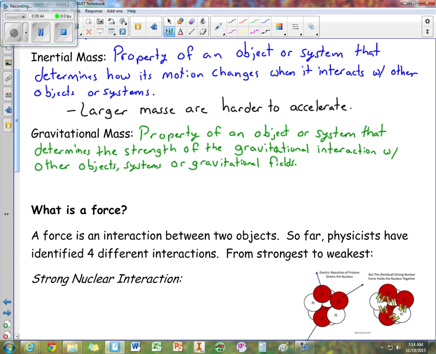Whenever you see the word interaction, you can think of a push or a pull, kind of like a force. And it's with other objects, systems, or gravitational fields. So larger masses would weigh more.